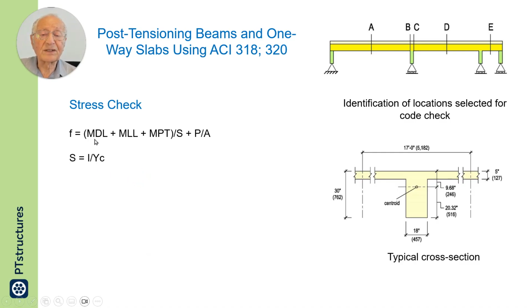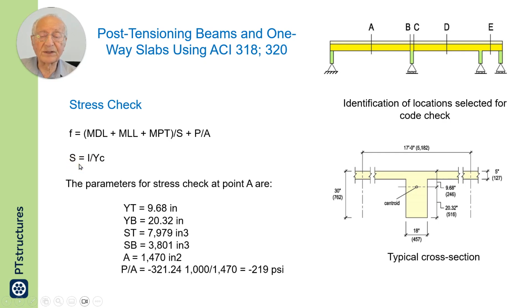Stress check is dead, live, post-tensioning moment divided by section modulus to give you the extreme fiber stress, and precompression. This is the section modulus. I have the values here for top and bottom, and I have the area here.